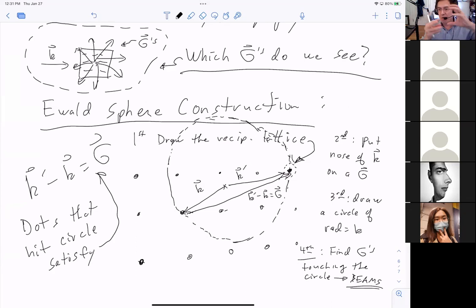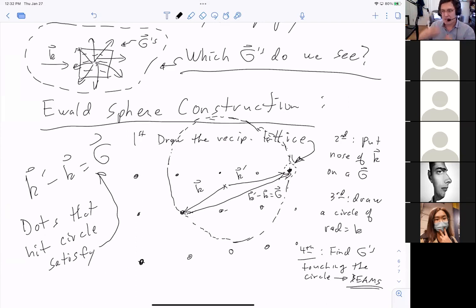So the point is that as I rotate the crystal in front of the X-ray beam, that's equivalent to moving this Ewald sphere around, and I'm going to get all these different beams shooting out whenever that sphere hits a reciprocal lattice vector. So in the real world, you're moving the crystal and you're just seeing all these X-ray beams shooting out in weird directions.